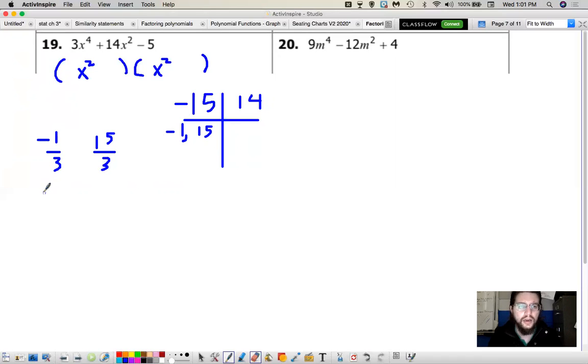Simplify. Oh, that one doesn't. This one does. That's going to be 5 over 1. Keep it as a fraction. Because remember, that's what's going to go in front of your x squared or your x or whatever's up in here. And that's what's going to go right here. 3 minus 1. 1 plus 5.